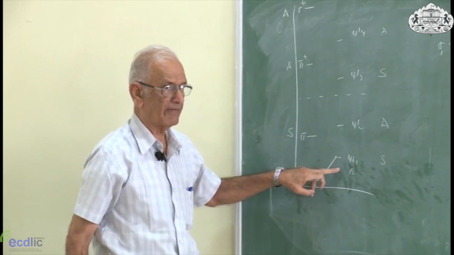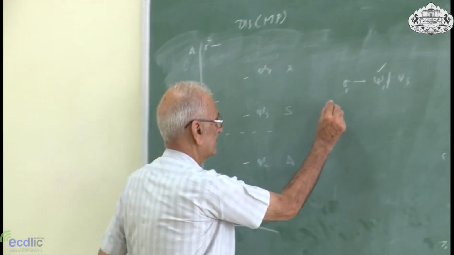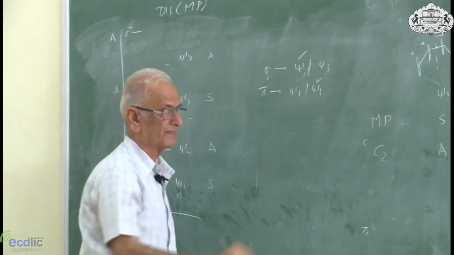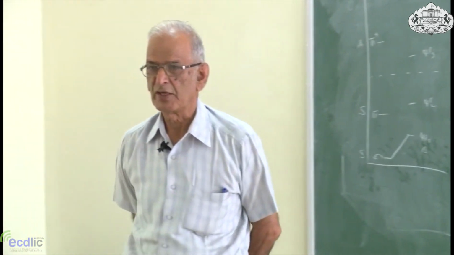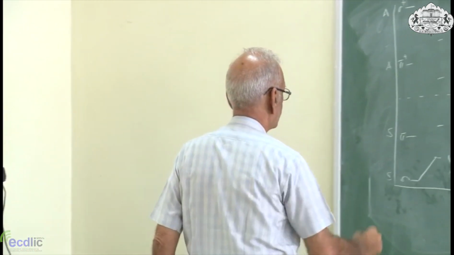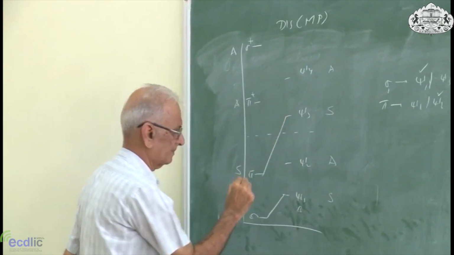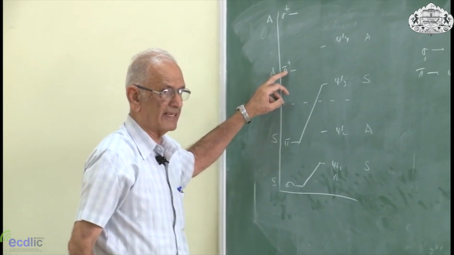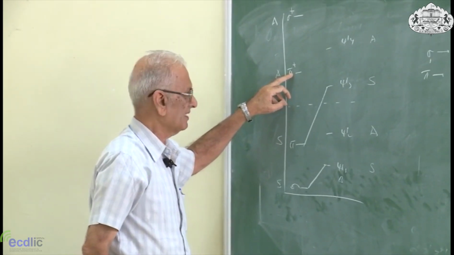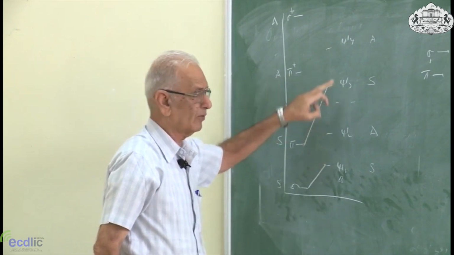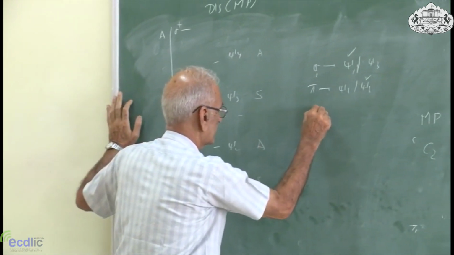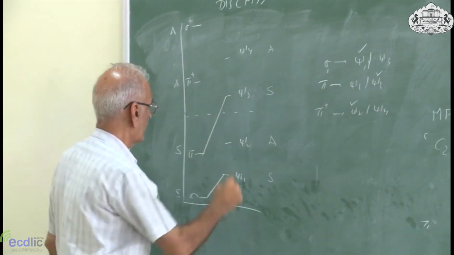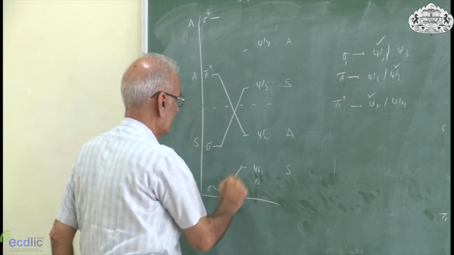Therefore, I can join to psi 1 or psi 3. Psi 1 is occupied, therefore, I will join it to psi 3. Look at this, pi star is anti-symmetric. If it is anti-symmetric, I can join it only to psi 2 or psi 4. Since psi 2 is the orbital of lowest energy, I join it to psi 2.